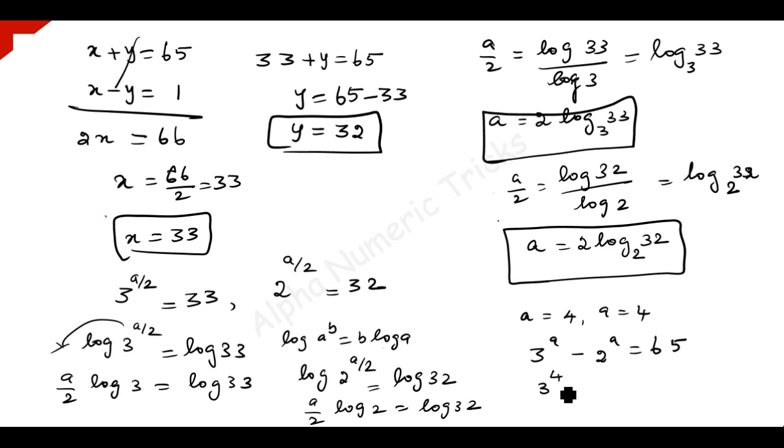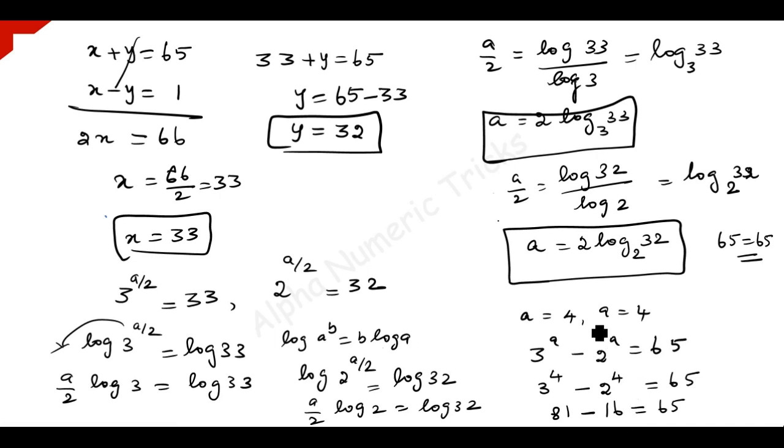So we have 3 to the power 4 minus 2 to the power 4. 3 to the power 4 is 81 minus 2 to the power 4 is 16. What is 81 minus 16? It is equal to 65. So a is equal to 4 is one solution, the integer solution for this problem.